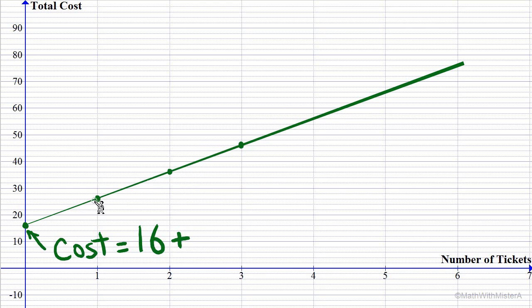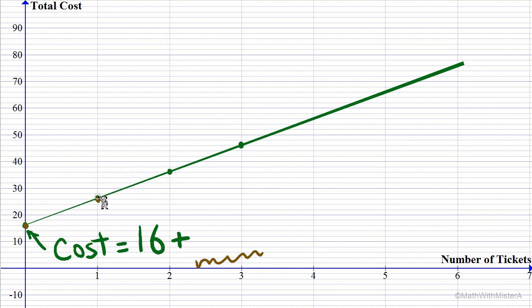If I was increasing by $10 sometimes and $12 other times, different amounts, then the points just wouldn't be on a straight line. So this constant increase, the constant rate of change, which we know is the second term in this equation, we have to get from looking at the change from one point to the next on the line. We could see that 0 tickets cost 16.